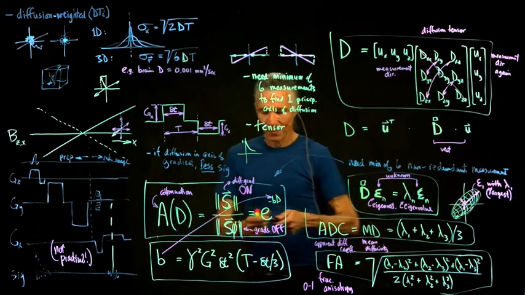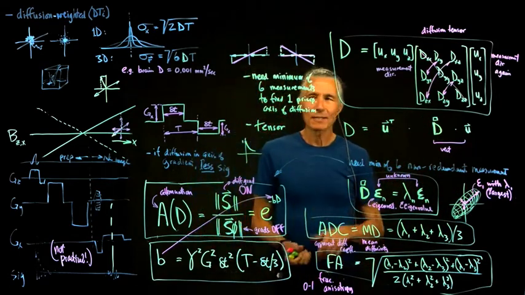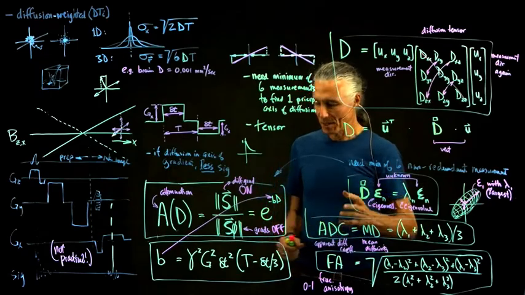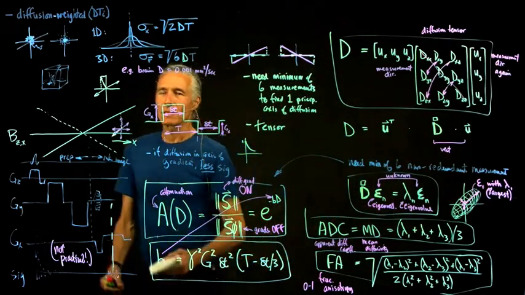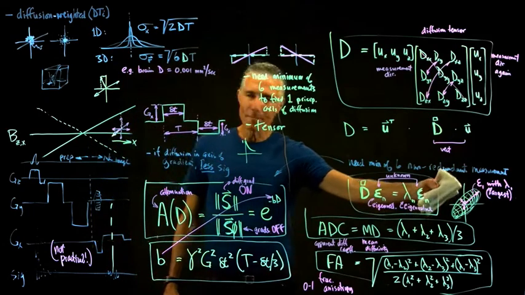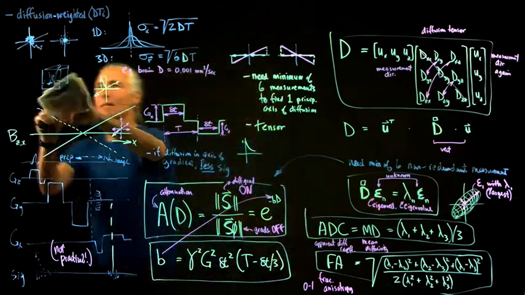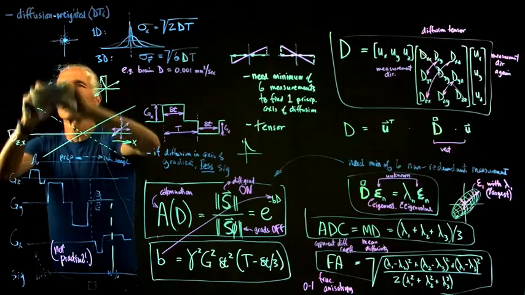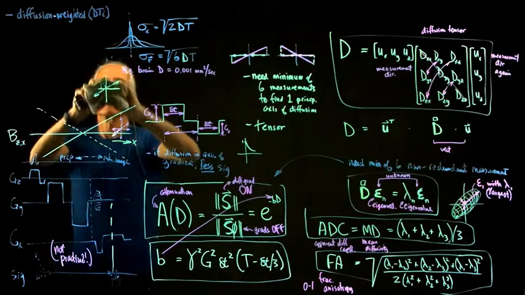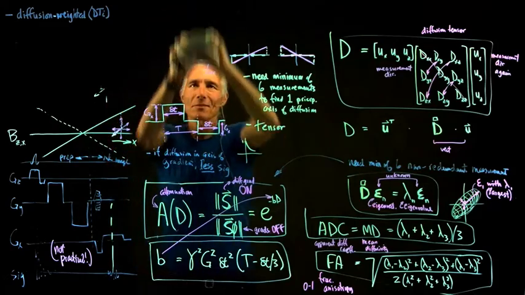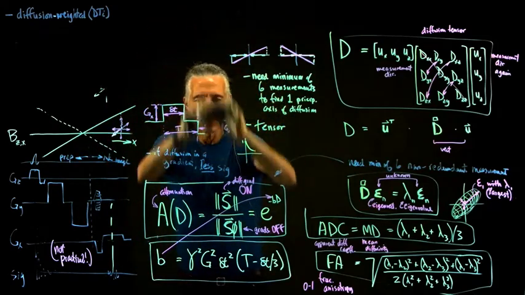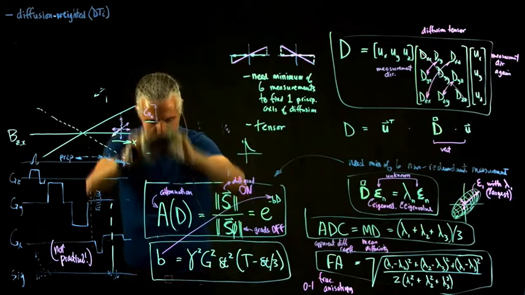what we're talking about here is Gaussian diffusion. So we're just assuming that everything is describable by a little pill, a little Gaussian ellipsoid. But what if it's not?